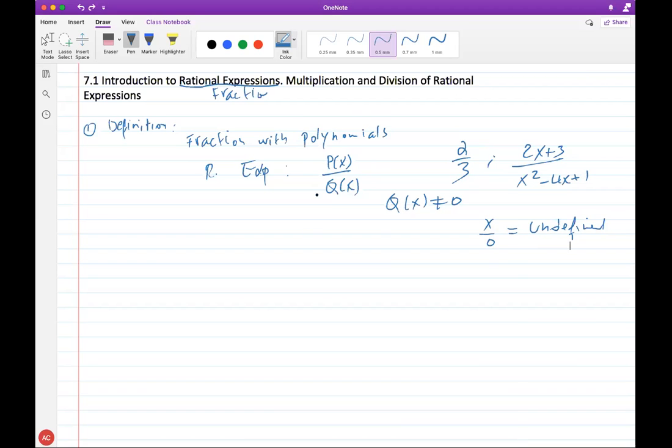Okay, so that's all there is to it, basically, to rational expressions. And these, again, could be monomials, binomials, trinomials, but most of the time, there's going to be a variable in the denominator, at least one.